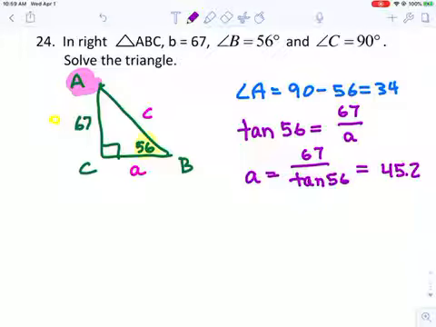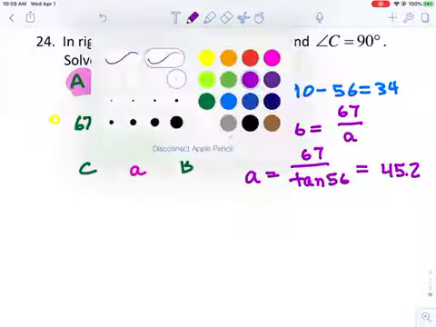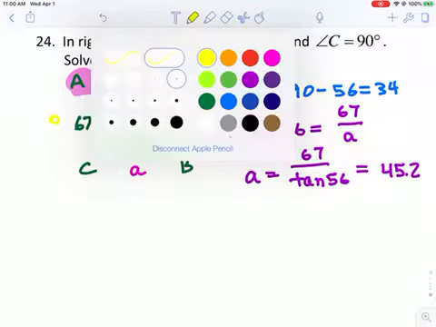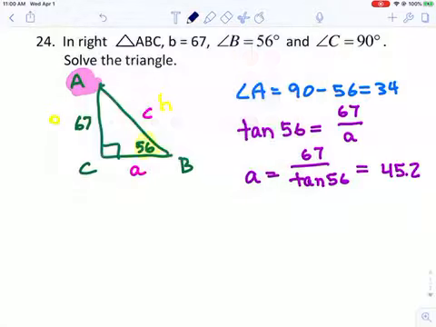And to find side C, I think I'm going to use a trig function. I'm going to use opposite over hypotenuse. So in order to find side C, opposite and hypotenuse is sine.